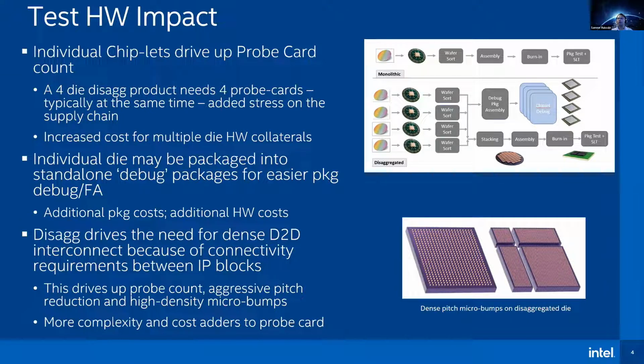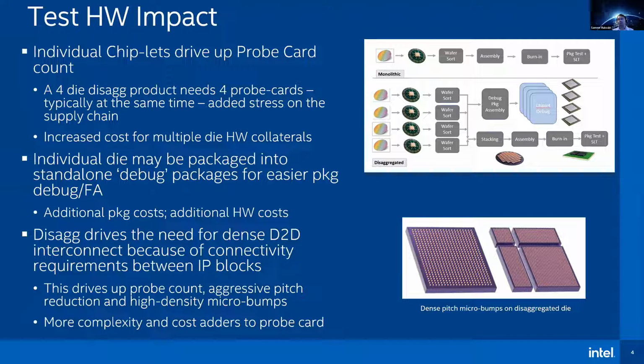Individual die might be packaged into what we call debug packages for easier failure analysis or debug. Once you integrate die, we all know that visibility, observability decreases unless you invest in a lot of DFT and observability techniques. So one of the ways that is mitigated is by packaging individual die into a standalone debug package for failure analysis.